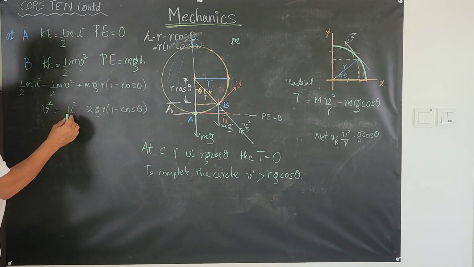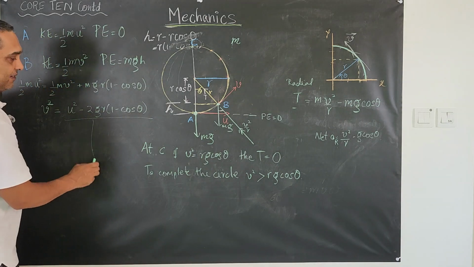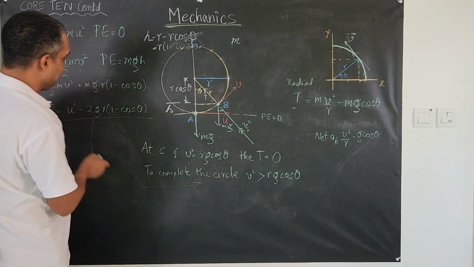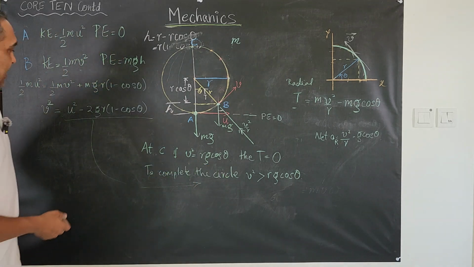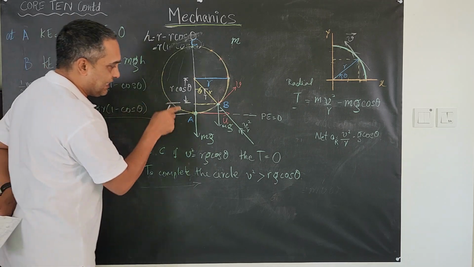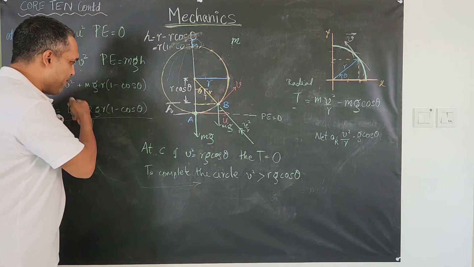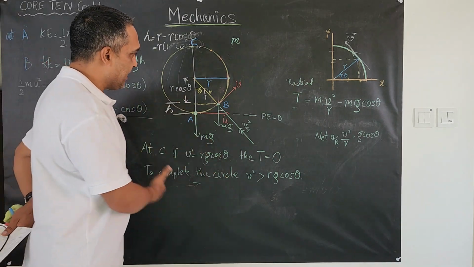So if v square is greater, then you can see that should be greater, right? And that's how you substitute that equation, and you'll see that I've been given an initial velocity. I can easily tell whether I'll complete the circle or not. So a little bit of math here, but if you get the concept, you're good to go.